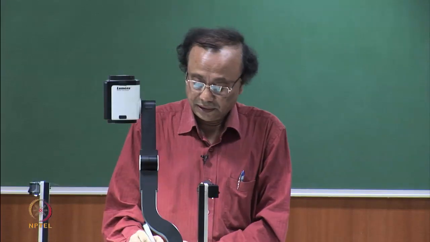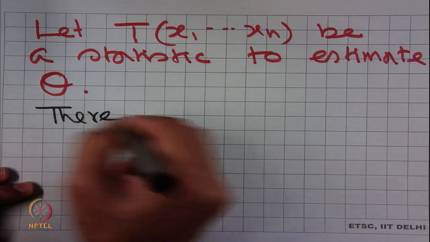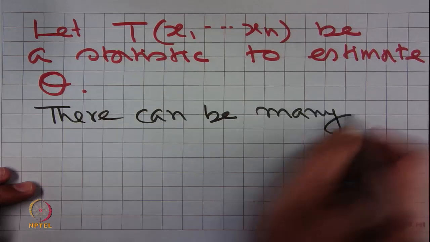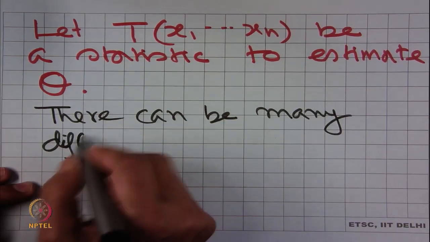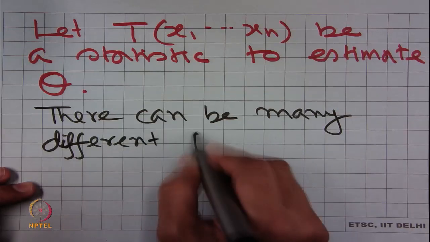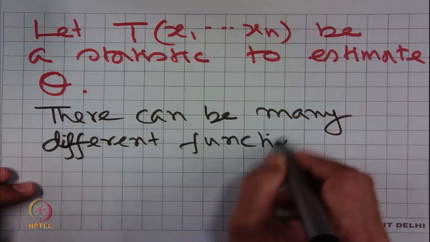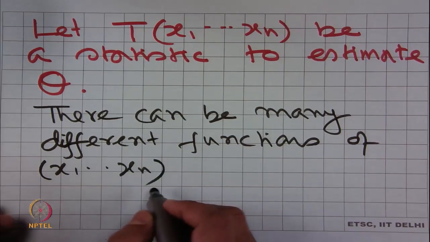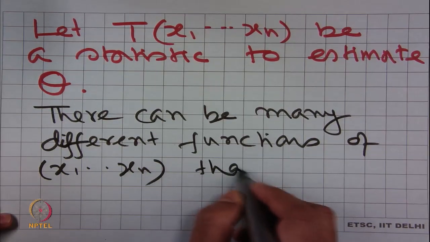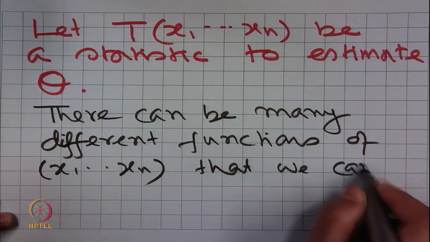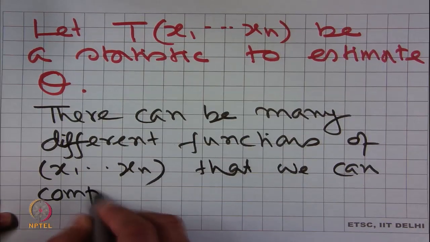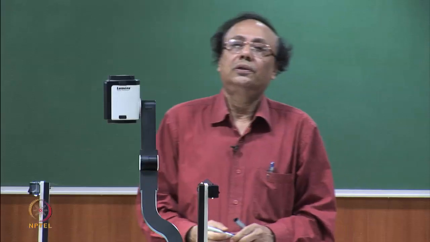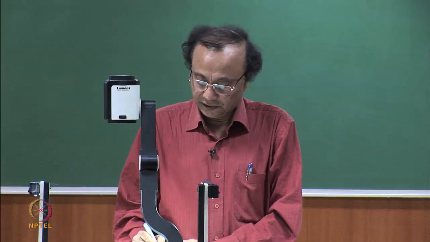Now, there can be many different functions of x1, x2, ..., xn that we can compute. Therefore, the question is, how do you choose an appropriate statistic?